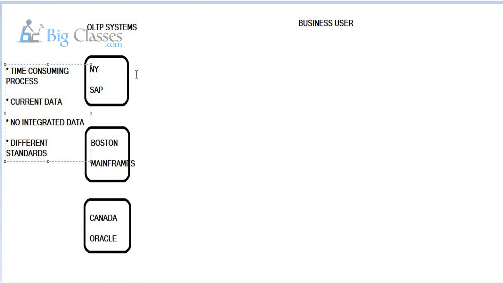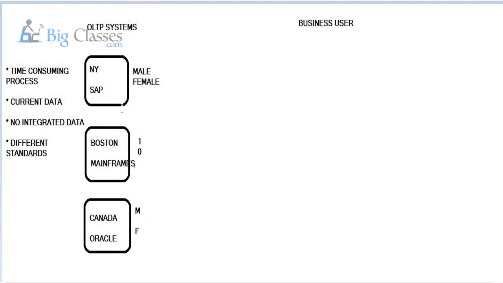For this one you may have M, F. For another you may have 1, 0. So different standards are followed in different OLTP systems, and you don't have a homogeneous format. In order to build a report for doing the business analysis, you need a homogeneous format.